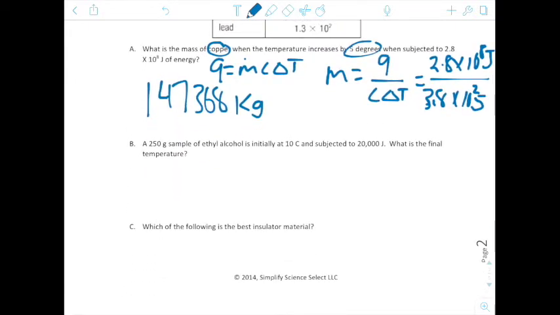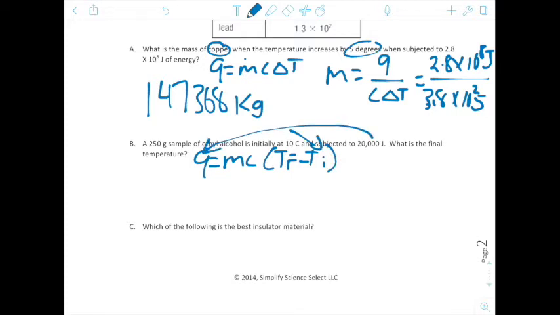B, it says a 250 gram sample of ethyl alcohol is initially at 10 degrees Celsius and subjected to 20,000 joules. What is the final temperature? So using our equation, Q equals mc delta T, where delta T means temperature final minus temperature initial. So our initial temperature is going to be 10. Our joules is going to go right here.